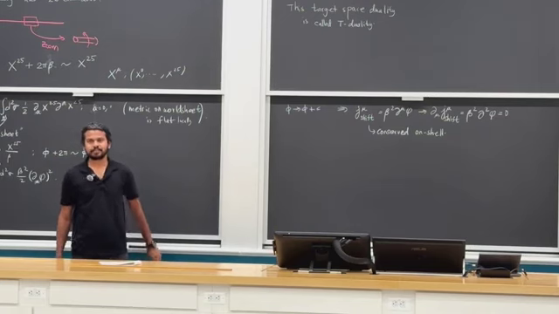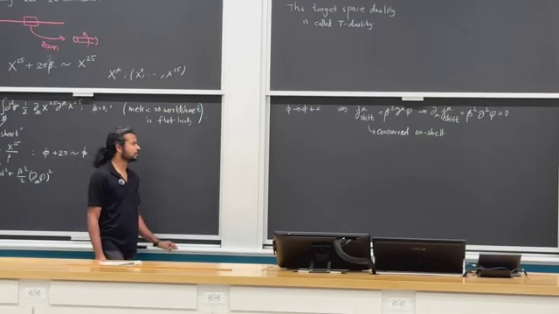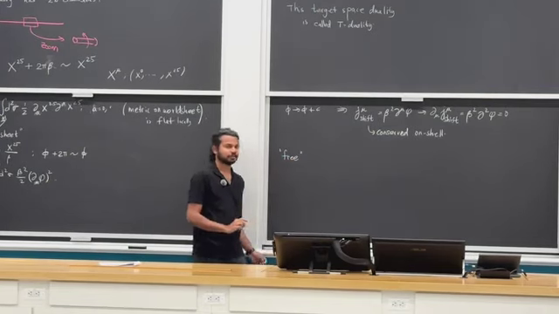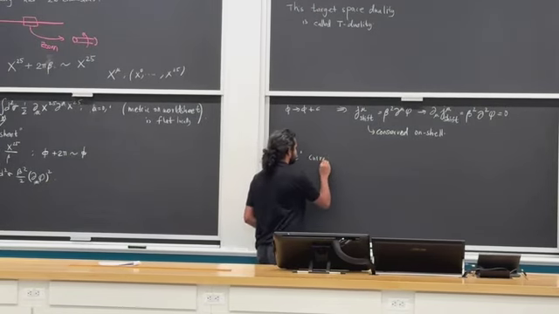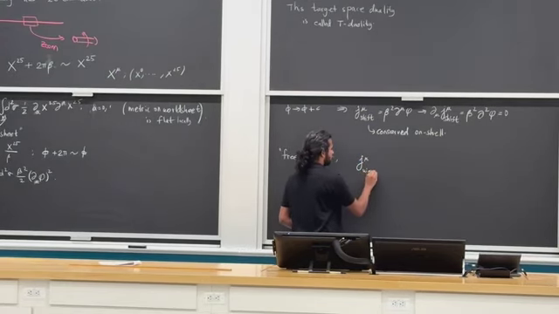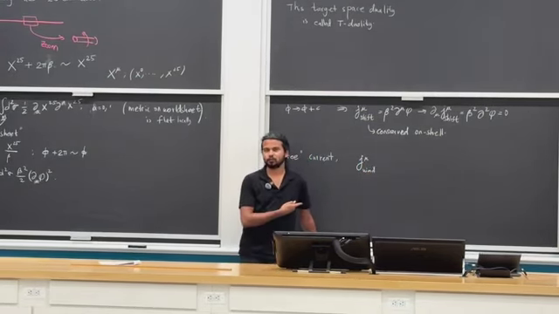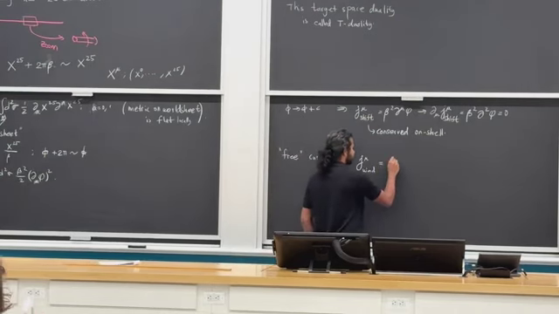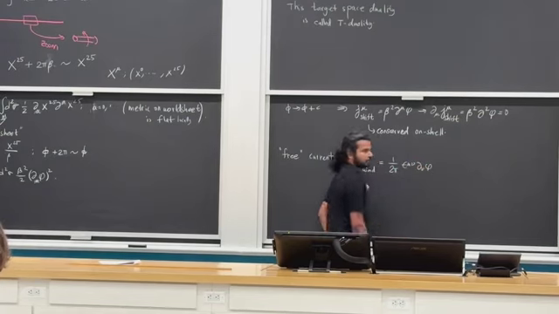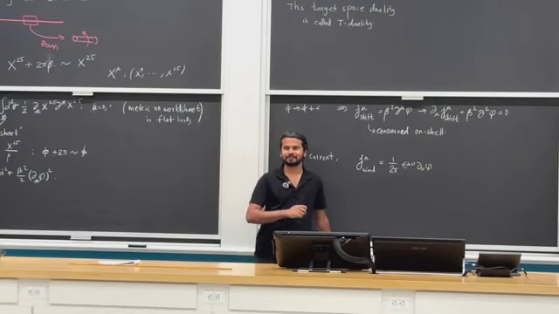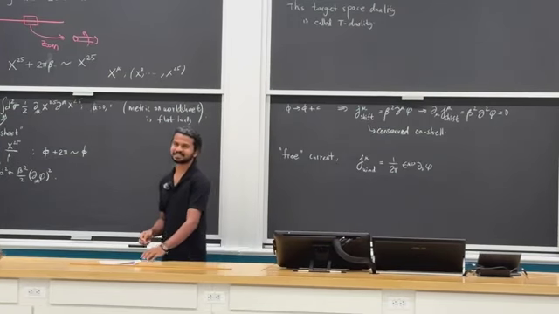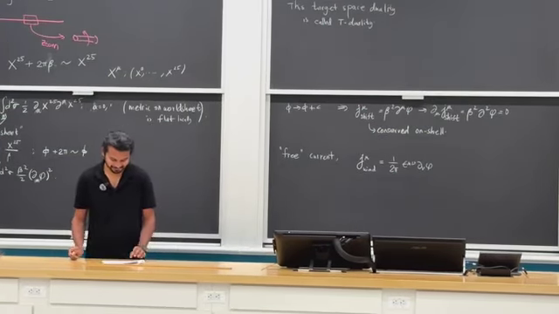But in 2 dimensions, we get another current for free, which we will call G mu of wind. We'll explain why wind soon, and this is defined to be 1 by 2 pi epsilon mu nu d nu phi. I'm using mu and nu, but it's hard to switch notations now because I already thought about this in that way.